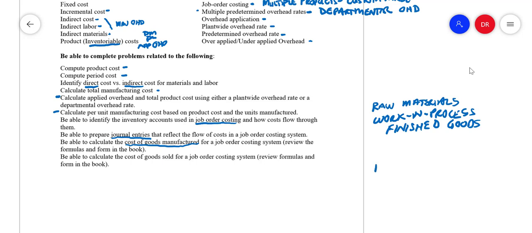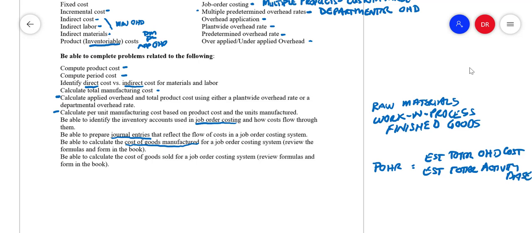One of those would be the predetermined overhead rate, and you could say that is equal to estimated total overhead cost divided by estimated total activity base, which in this case will be either direct labor hours or machine hours.